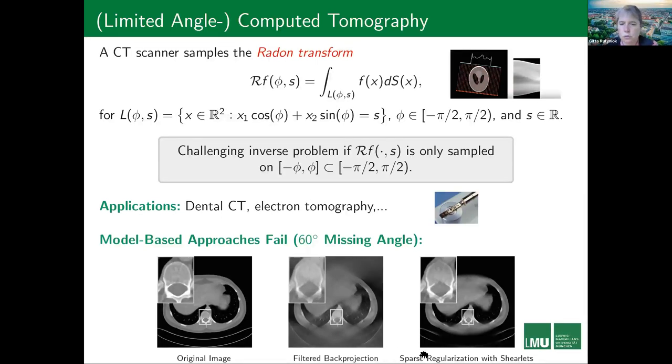Then if you use this sparse regularization approach using shearlets, which we discussed, where this additional regularization term is the little l1 norm of the shearlet coefficients, you get a better reconstruction. But still, if you look at the zoom-up here, structures are not really accurately recovered, and here you have a lot of blurry parts.